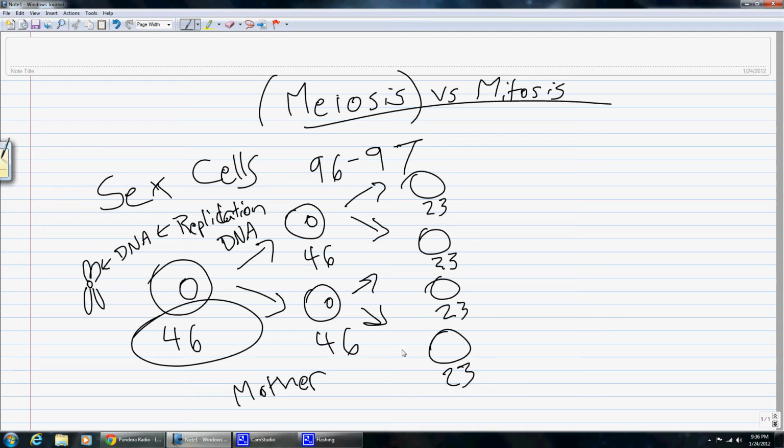This also gives us the ability to produce a lot of them coming from just one cell, and it also helps in the way that the DNA is going to line up, making sure you're getting an even split. So making sure that mom's donating half of your chromosomes and not accidentally donating two copies of some chromosomes.